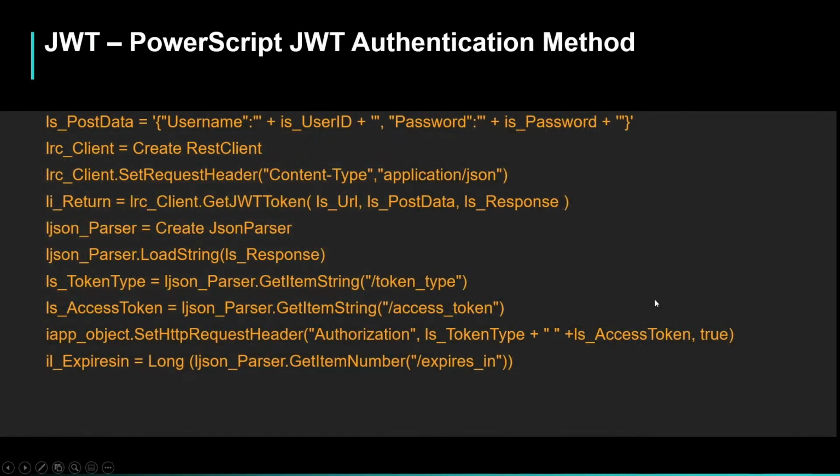So this is an example of the specific code that's used for JSON Web Token authentication. I'm going to take the username and password that I got from the login screen. I'm going to put them together in a specific JSON format. I'm going to create a REST client, set the request header to application JSON, and make a get JWT token call.